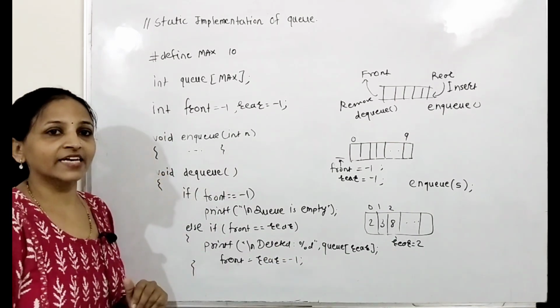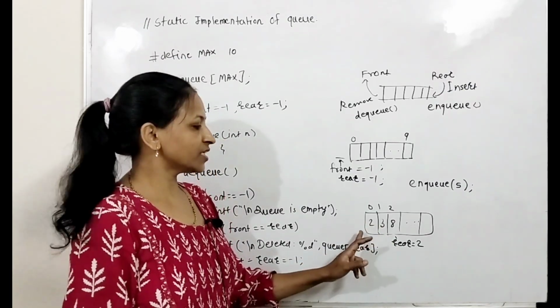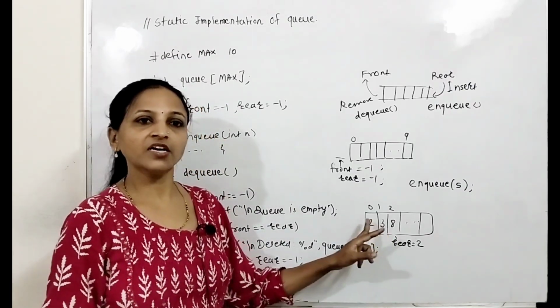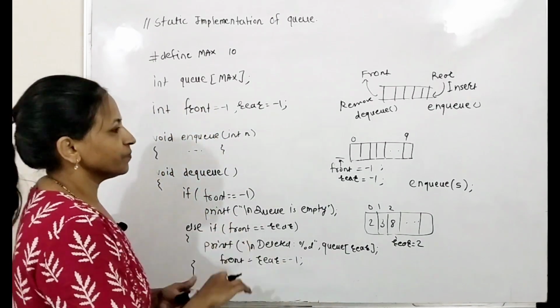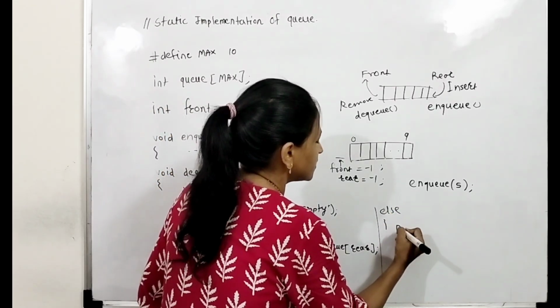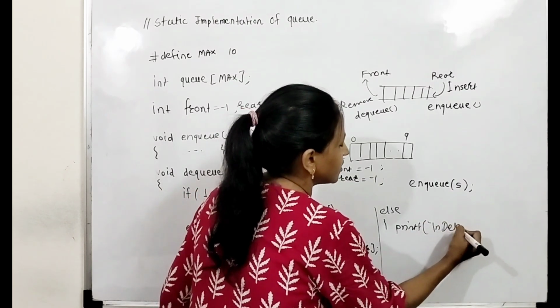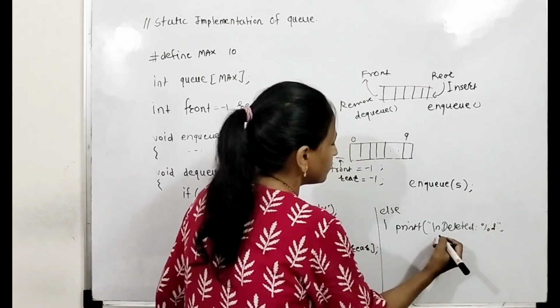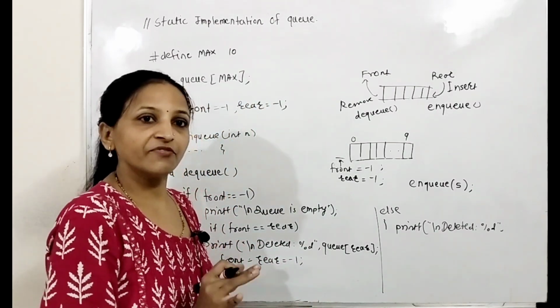Getting? This is the second situation. Now the third situation is just a normal situation. In that case we just increment the front and display the removed element. Else, printf deleted %d, comma the element which is present at front, that element we have to remove.